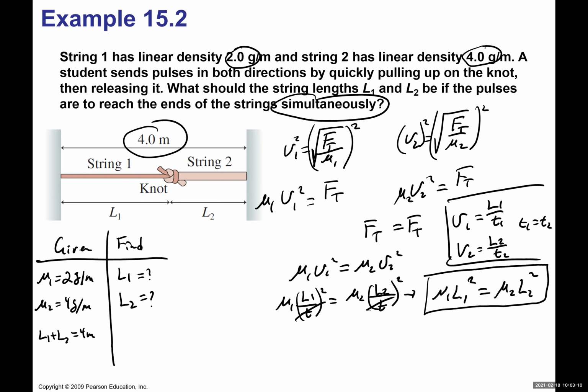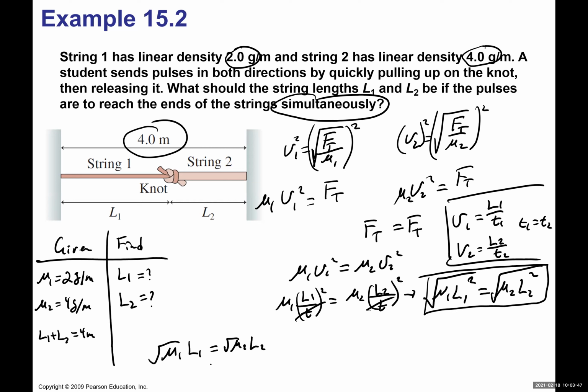I have left side and right side only in terms of one thing that I know and one thing that I don't know. From here, I can take the ratio, or one thing I can do is take the square root of both sides. That gives me the square root of mu1 times L1 equals the square root of mu2 times L2.